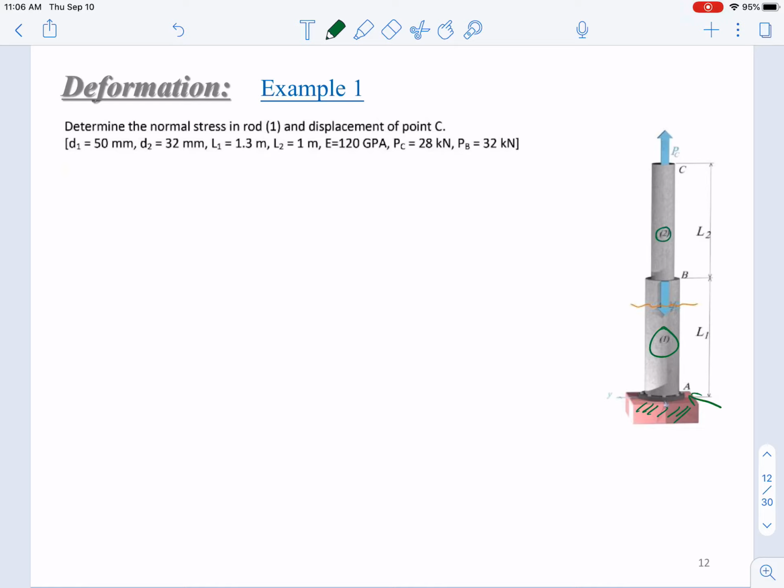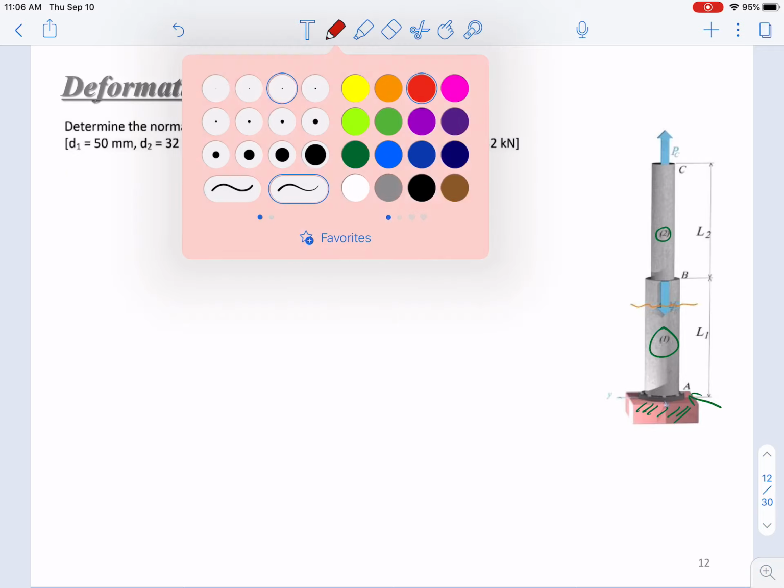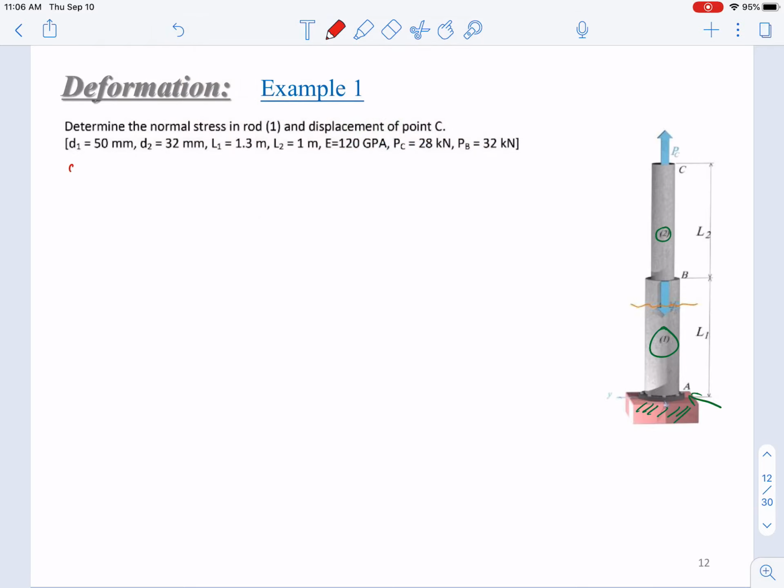You're requested to determine the normal stress in rod 1. I will skip this step since this is a problem from chapter 1. Then the displacement of point C. How do you calculate the displacement of point C? You just need to understand something.